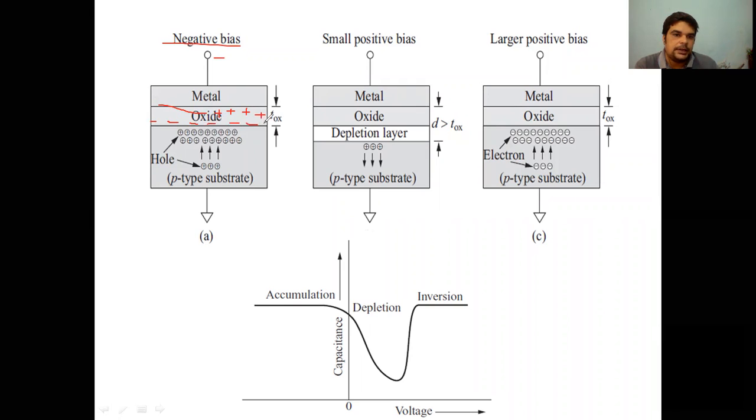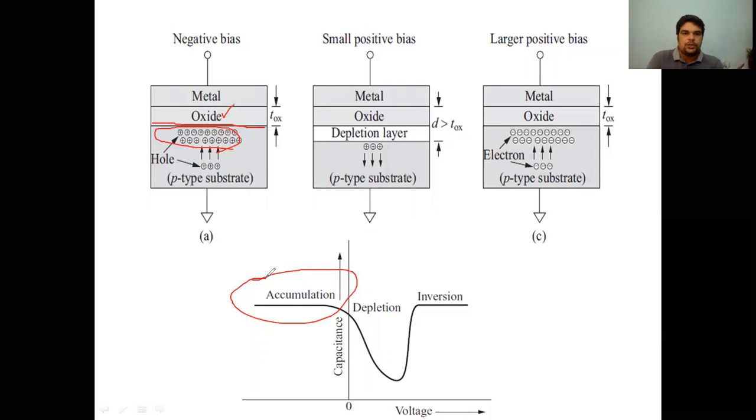Due to these negative ions, holes from the P substrate will be attracted towards the oxide layer. The accumulation of holes takes place beneath the oxide layer. This process is known as accumulation.